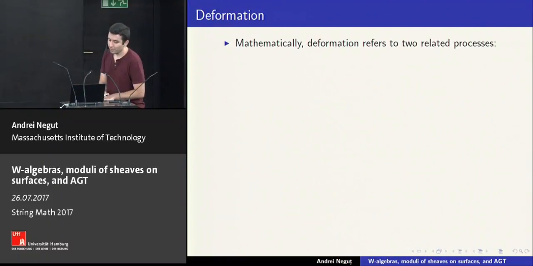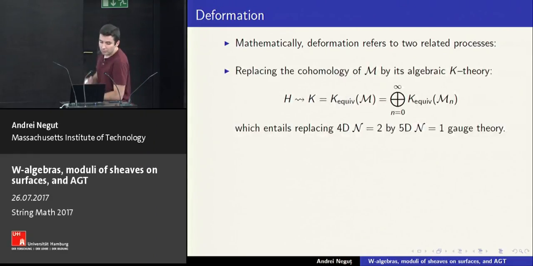So what is deformation? I mentioned on the previous slide that I'll be Q-deforming everything. So in this particular talk, deformation will refer to two particular processes. The first of these is replacing cohomology by algebraic K-theory. So I'll say exactly which K-theory I will use when I define the moduli space M in more detail.